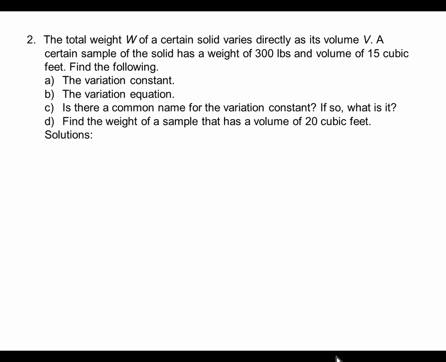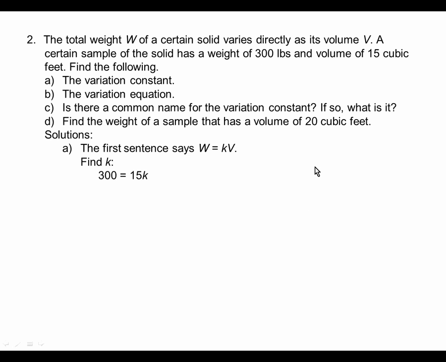So our solutions. Okay, in part A, again, the first sentence, W varies directly as V, says W is equal to k times V. That's all the first sentence says. We, once again, have to find k. Now, we have some values for W and V, don't we? Weight is 300, volume is 15.